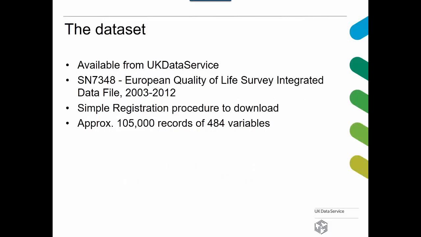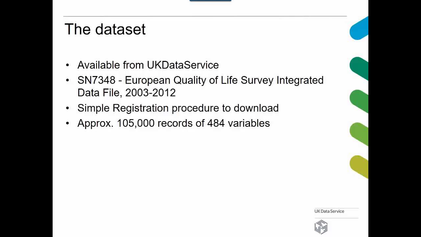Just before we get into the demonstrations, a bit of information about the main data set that we'll be using. This is a data set from the UK Data Service. If you want to search for it, it's SN7348, European Quality of Life Survey, 2003-2012. If you want to download it, it is a very simple procedure. It has approximately 105,000 records with 484 variables.